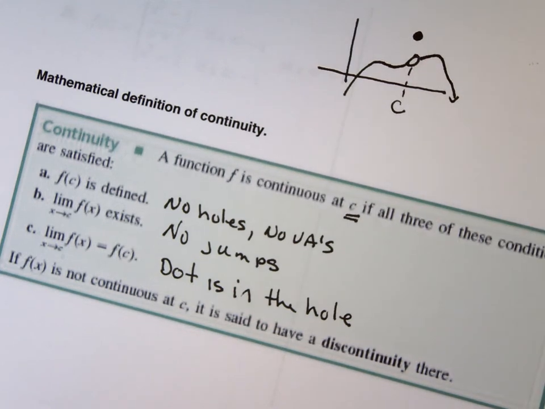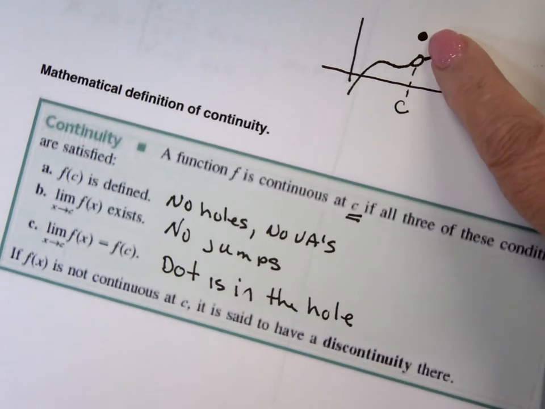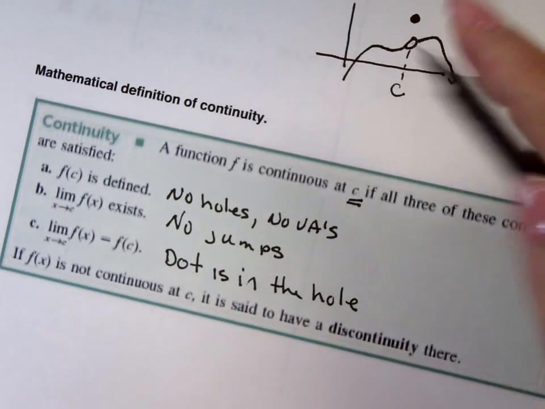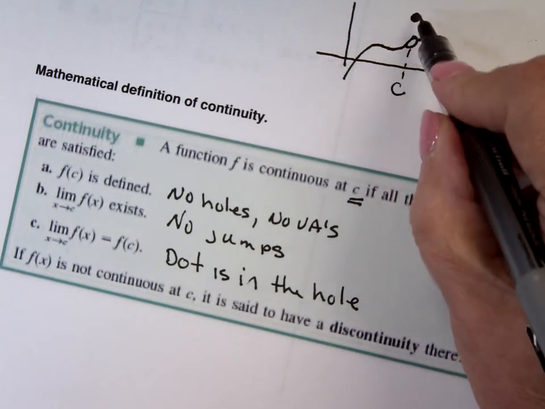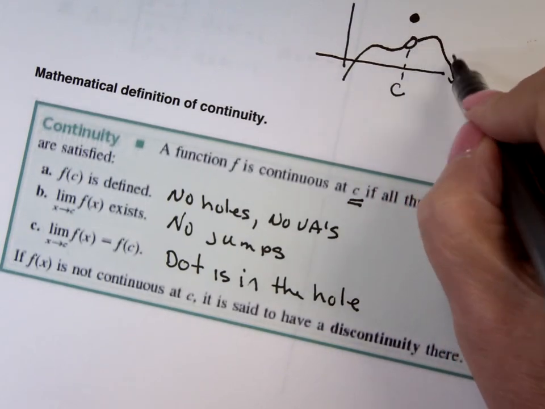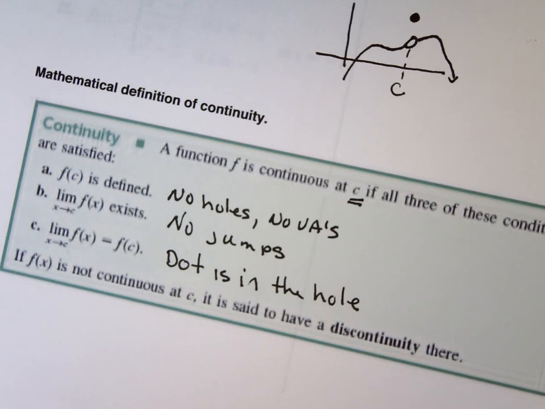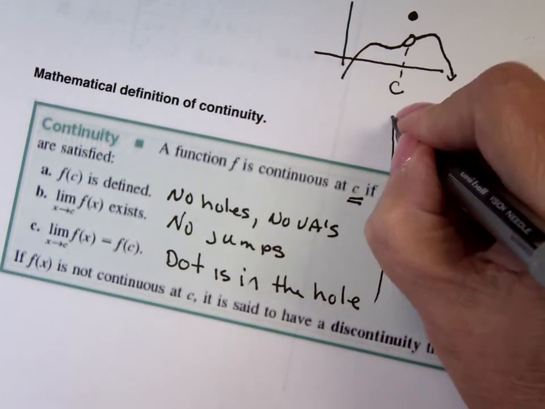It forces the dot to be in the hole. As long as this guy's not in the hole, the guy is not continuous. Why? Because you go up here, do the dot, then you have to jump back down and finish the graph. But it forces the dot to be in the hole. So that dot is in the hole. And that is for this condition right there.